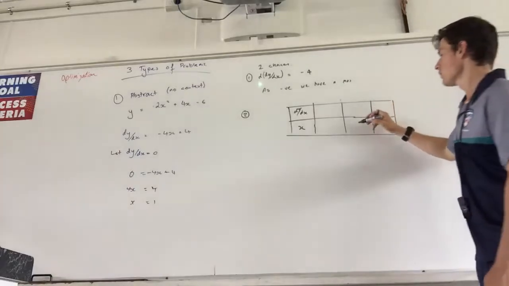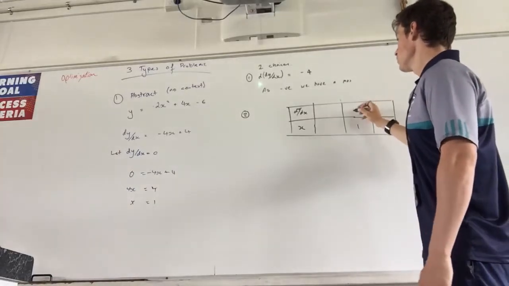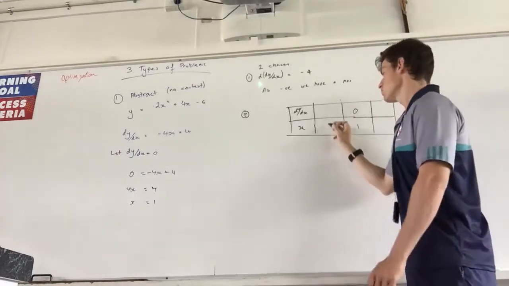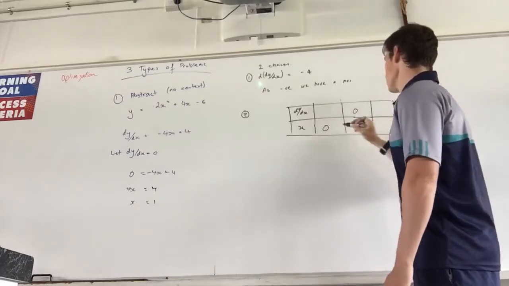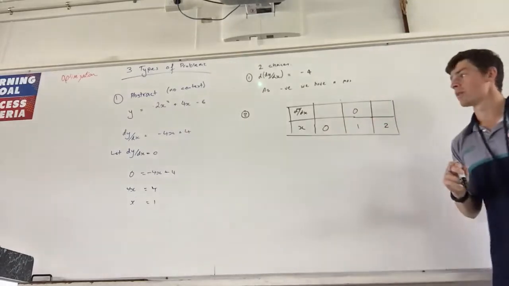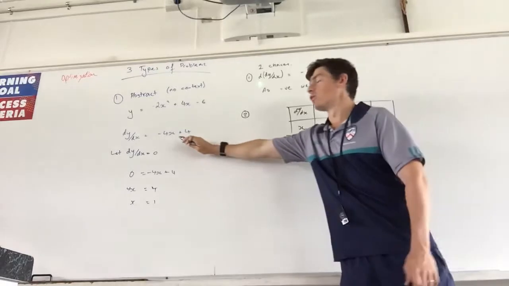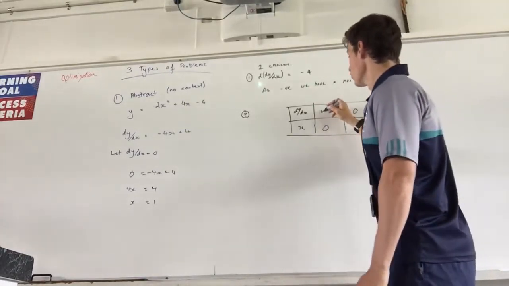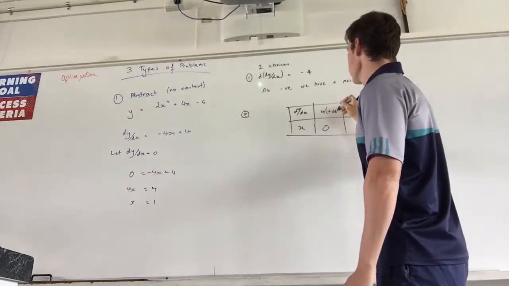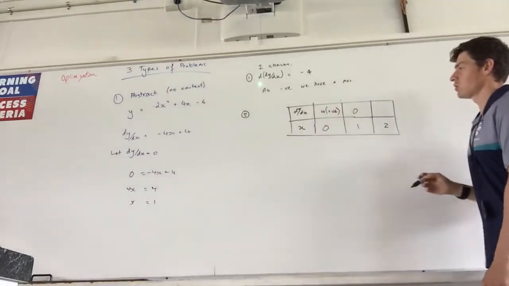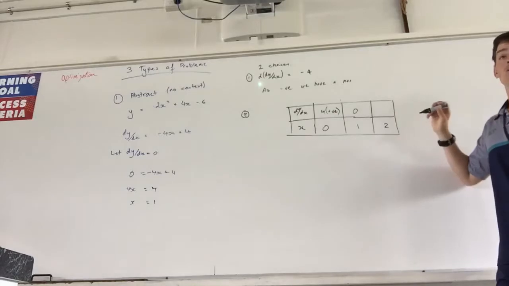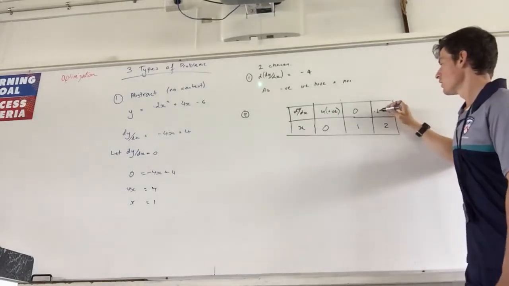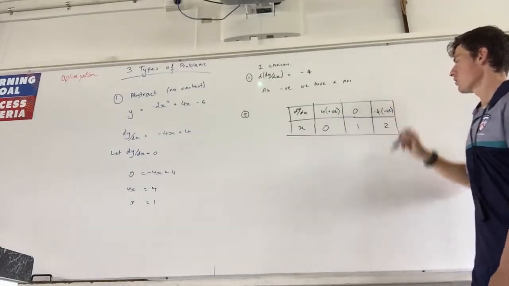At 1, what is my derivative? 0. So then I can sub in 0 and 2. What is negative 4 times 0, plus 4? So that's 4. I don't really care, I just want to know that it's positive. And what about negative 4 times 2 plus 4? Negative 4. Again, I just want to know that it is negative.